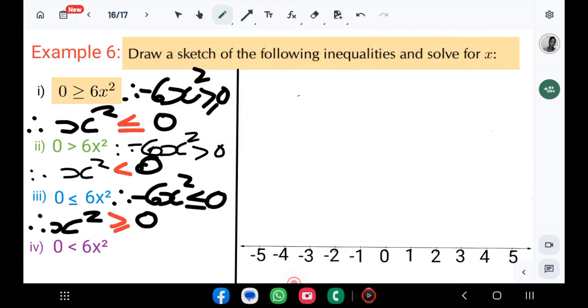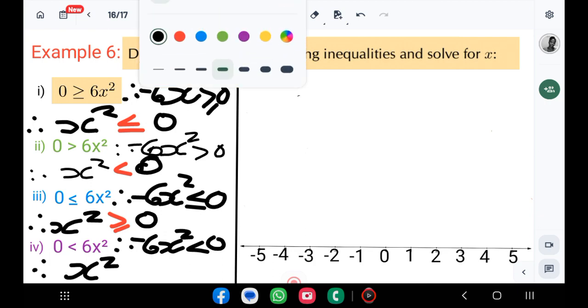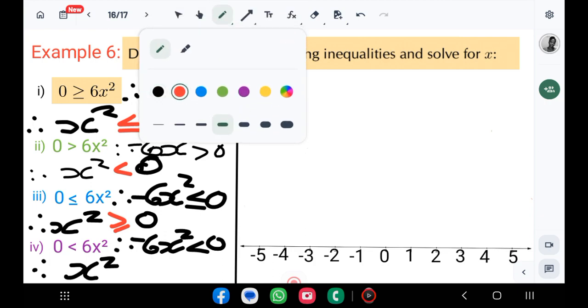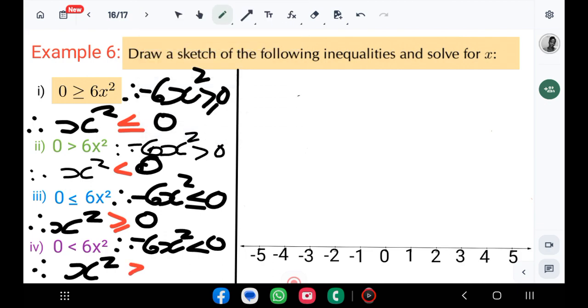Next one, same story. Take everything to the left-hand side, so you're left with minus 6x squared less than 0. Divide both sides by negative 6, and that gives you x squared. Now that changes the sign: x squared is greater than 0.